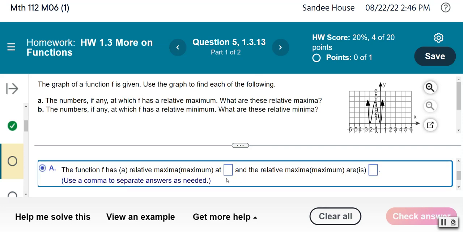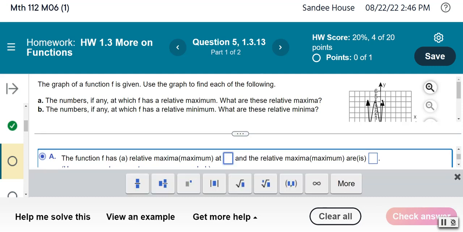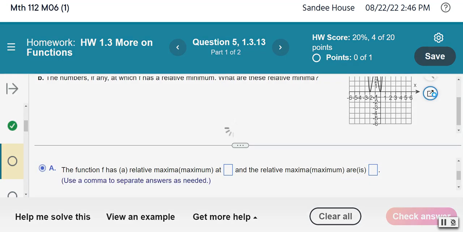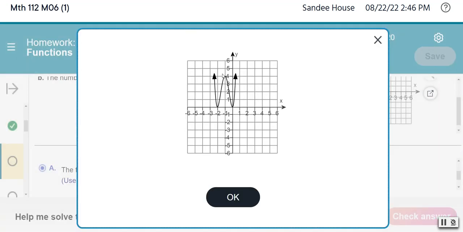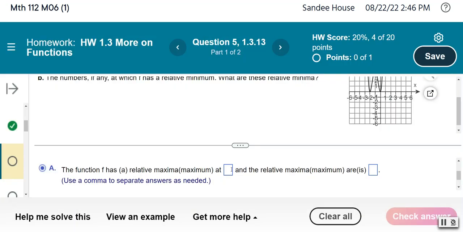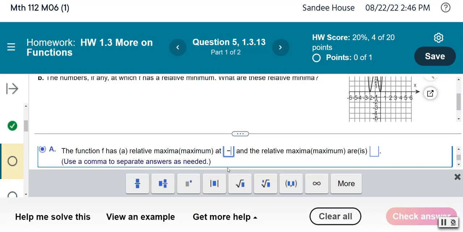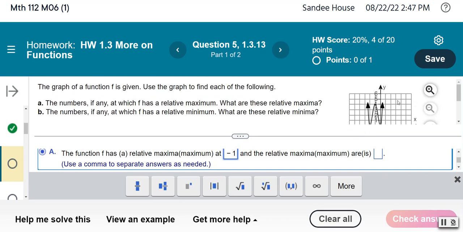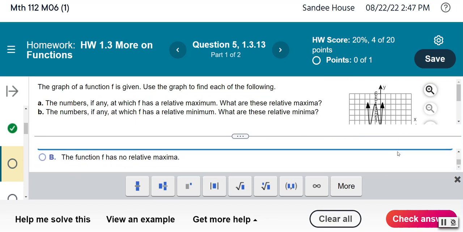The function has a maximum at -1, and its actual value we saw was 4. So where it's at is the x, and how much it is the y. That's the maximum.